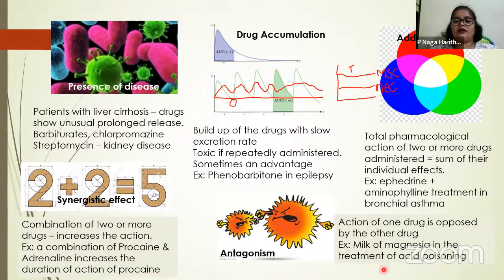So milk of magnesia in the treatment of acid poisoning. Suppose any person has taken acid by mistake, immediately milk of magnesia would be given, which is going to suppress the action of the acid inside the body. So there won't be much problem with the acid that has been taken by the person.